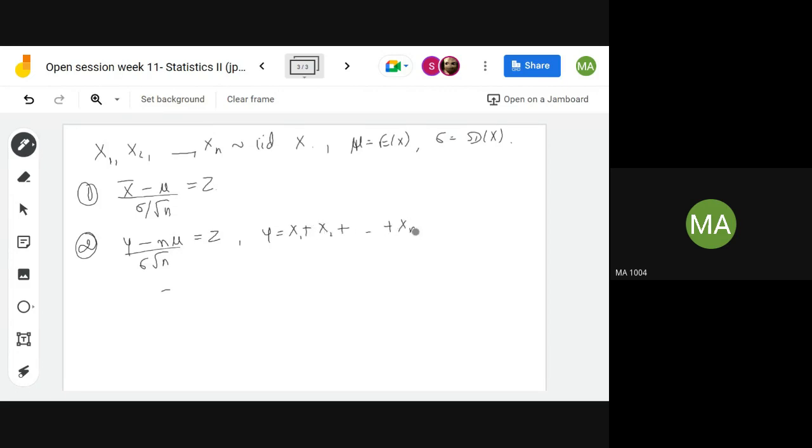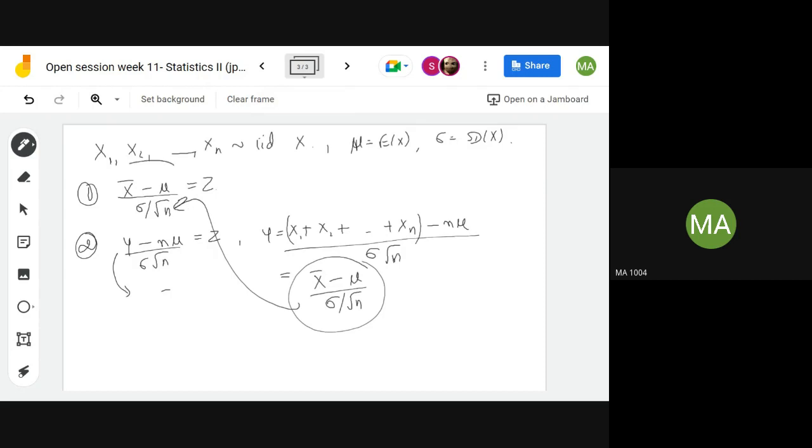You can always convert these. This is x1 plus x2 plus xn minus n mu divided by sigma under root n. Now divide numerator and denominator by n. You will get x bar minus mu upon sigma upon root n. It's the same thing.